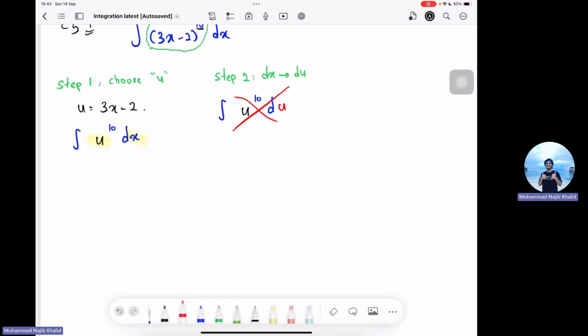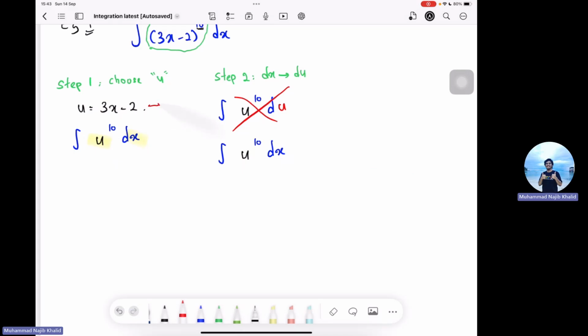So what you have to do is remember back our lesson from chapter 1. We will take the differentiation of u with x.